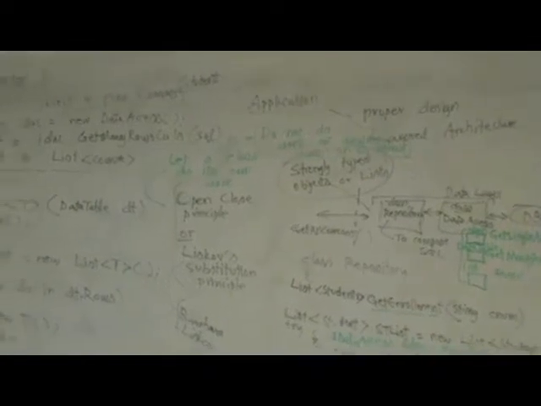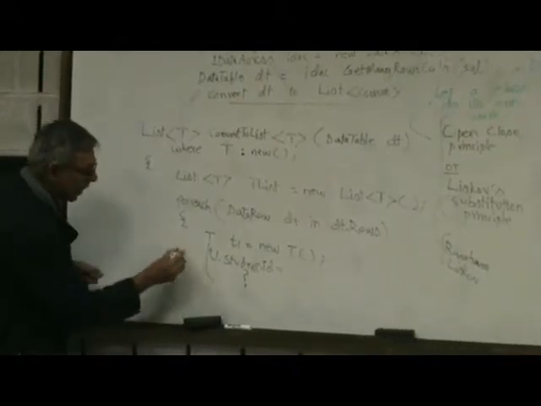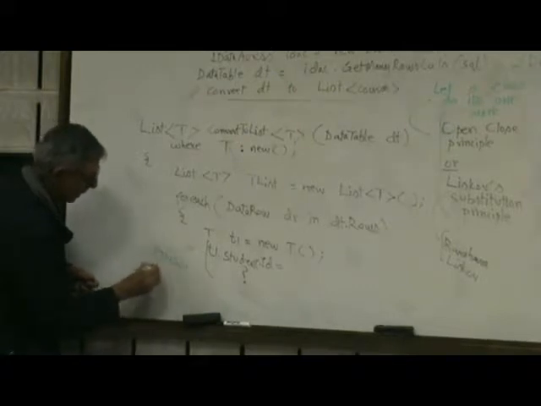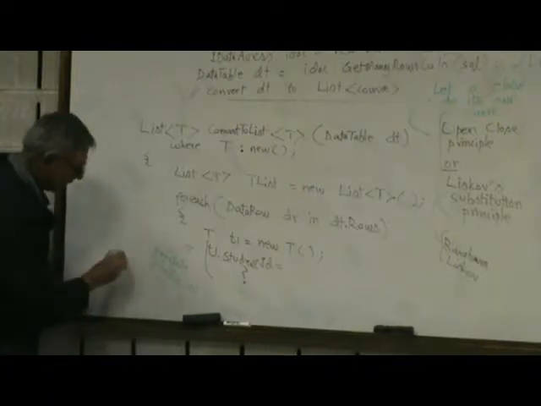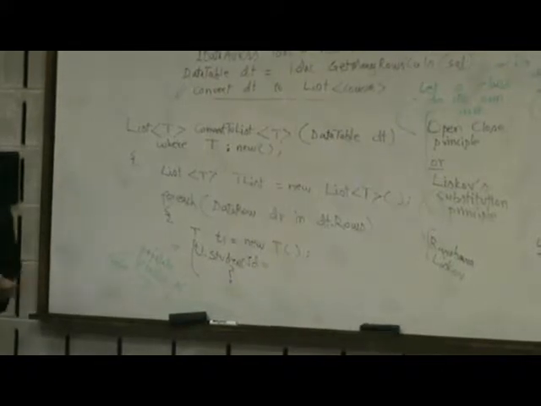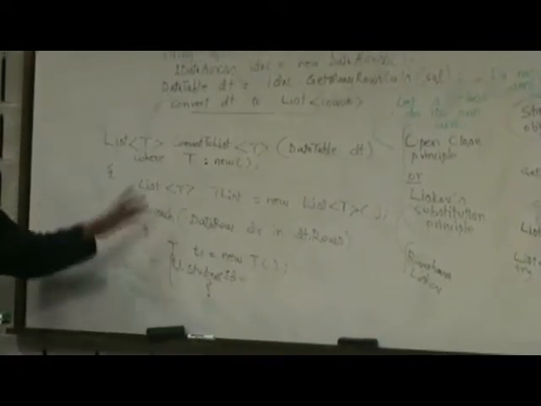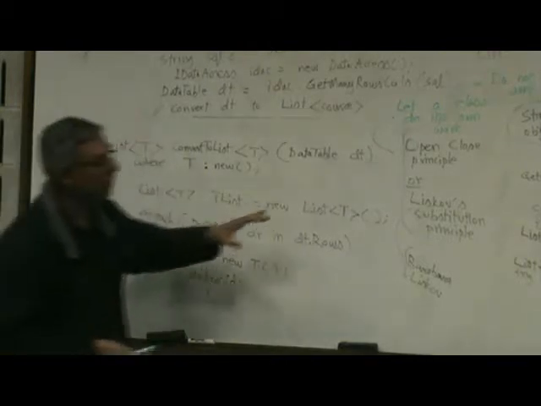So basically what I'm trying to say is, if you take a look at the code that I'm trying to write over here, I'm trying to basically populate fields of some type T, correct? And type T could be a student, type T could be a course, correct? This code is being written in a totally different class.